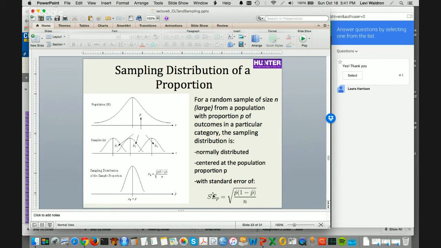So if we're talking about the prevalence of smoking, if it's 20% in the population, then the mean of the sampling distribution will also be 20%, or a proportion of 0.2. But the standard error on the proportions for repeated samples is given by this equation at the bottom, the square root of the proportion times 1 minus the proportion over the sample size. Other than that, we can use the central limit theorem in the same way.